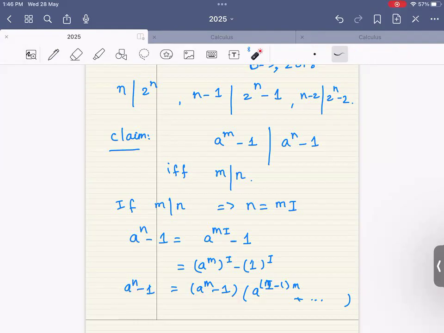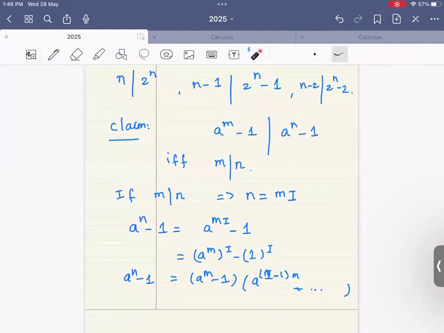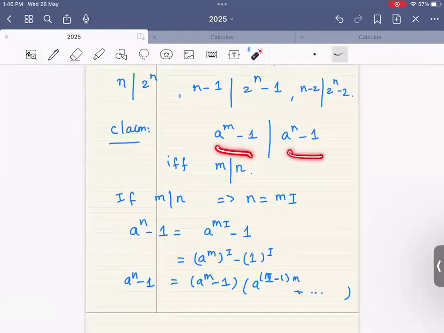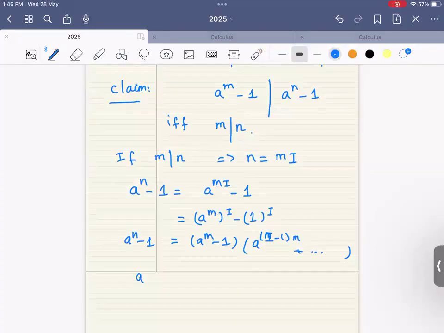The backward direction is that if this is true, then we'd like to believe that m divides n, and that's not too difficult to prove. If this divides that, it means that all the roots of a to the power m minus 1 equal to 0 are contained in the roots of a to the power n minus 1 equal to 0, right?